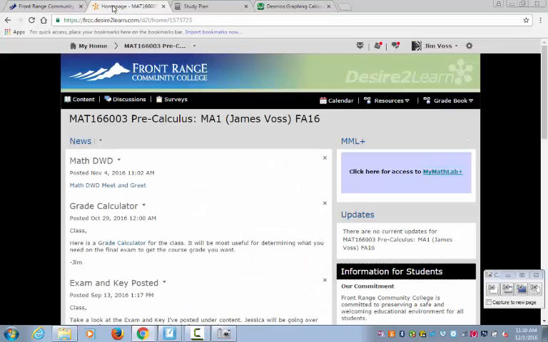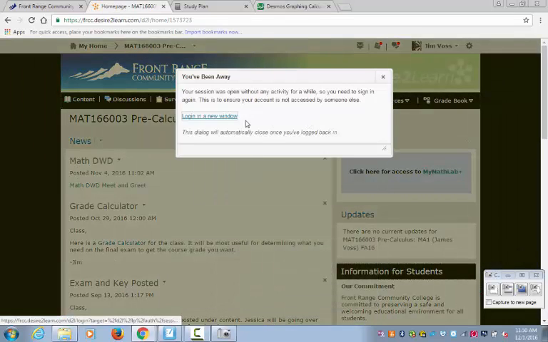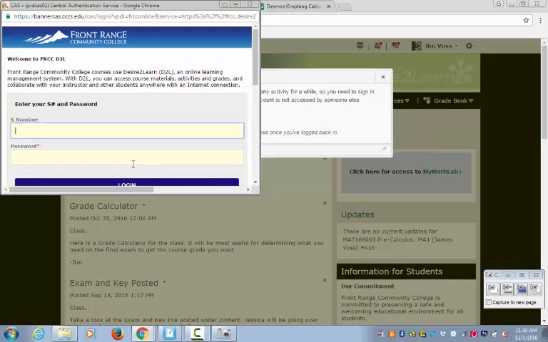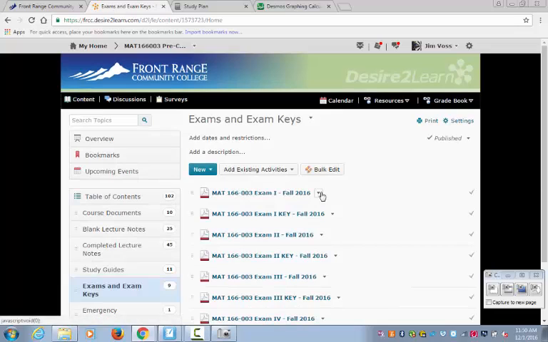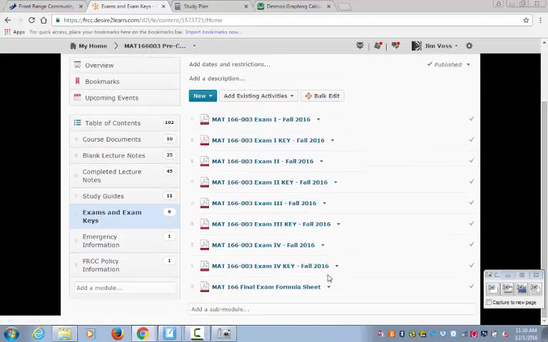If you go into D2L, log in again, okay. So in D2L, you will find the formula sheet. Under content, and where did I put it? Right there.